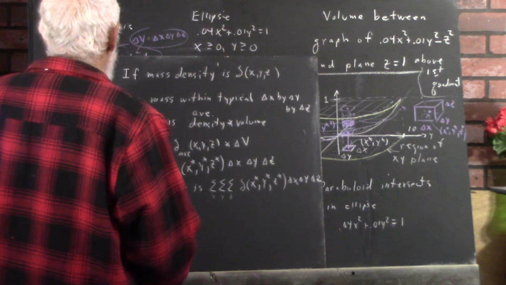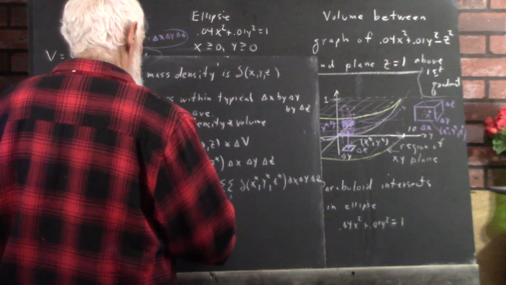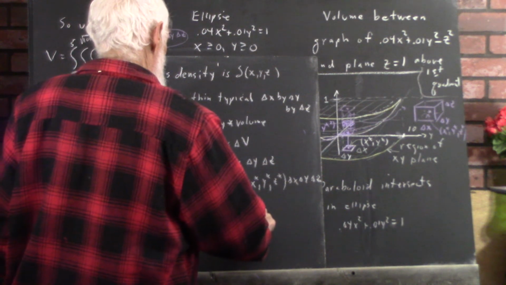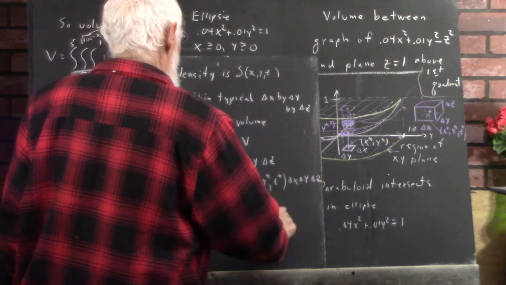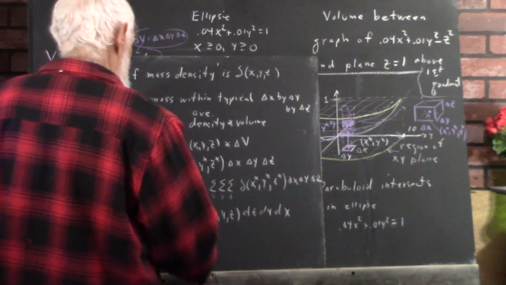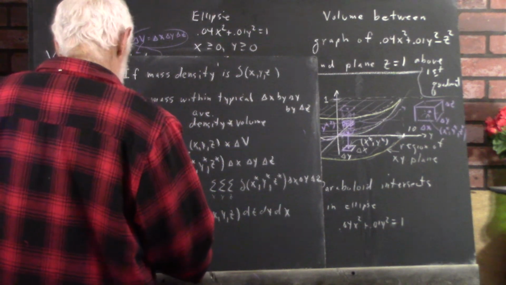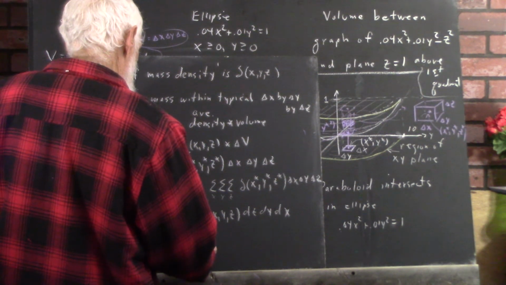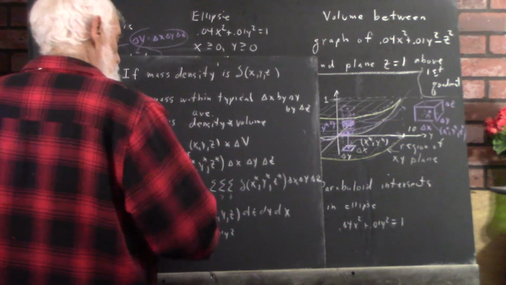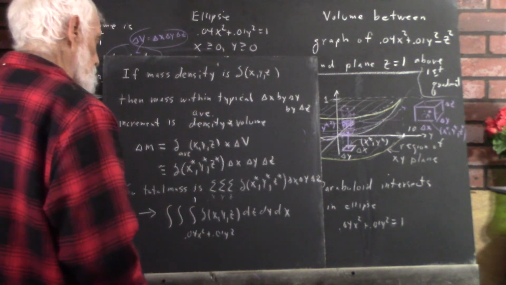a triple integral for this region of delta of x, y, z, dz, dy, dx over the region which we've formally specified as this integral with z limits 0.04 x squared plus 0.01 y squared.